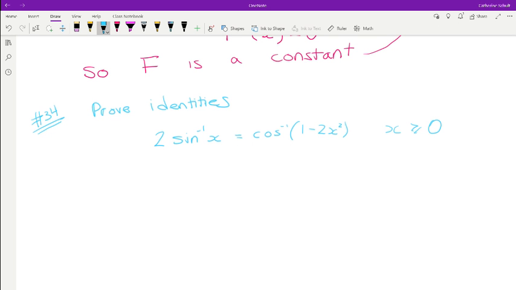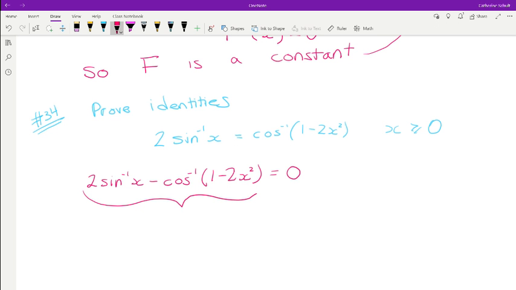So we're going to prove this. An equivalent statement to prove is, if we subtract the inverse cosine from both sides, we can also prove this. And that's what we're going to focus on. It's an equivalent identity rather. So this is our strategy, using that little corollary from before.